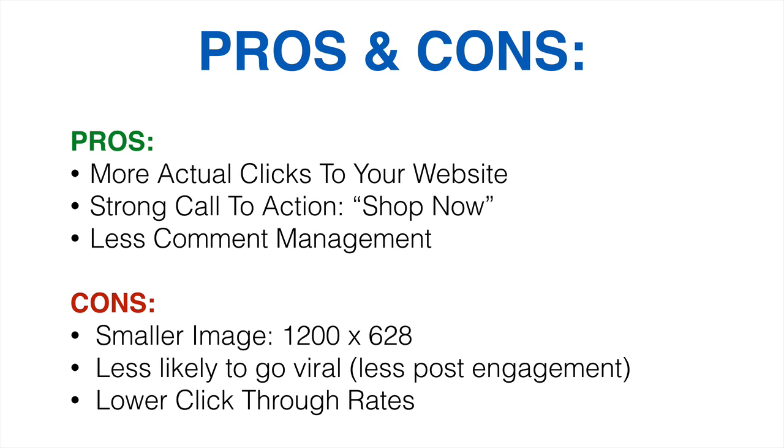The more real estate you can get in your Facebook news feed or in somebody else's Facebook news feed, obviously the better. The better your odds are going to be of having a high click-through rate and a higher conversion rate. All right, now another con is these are less likely to go viral.